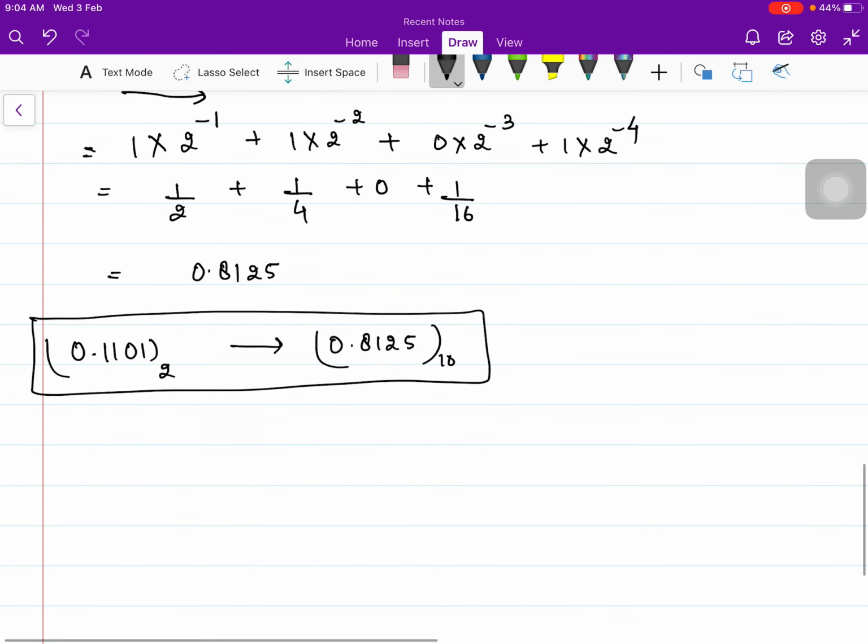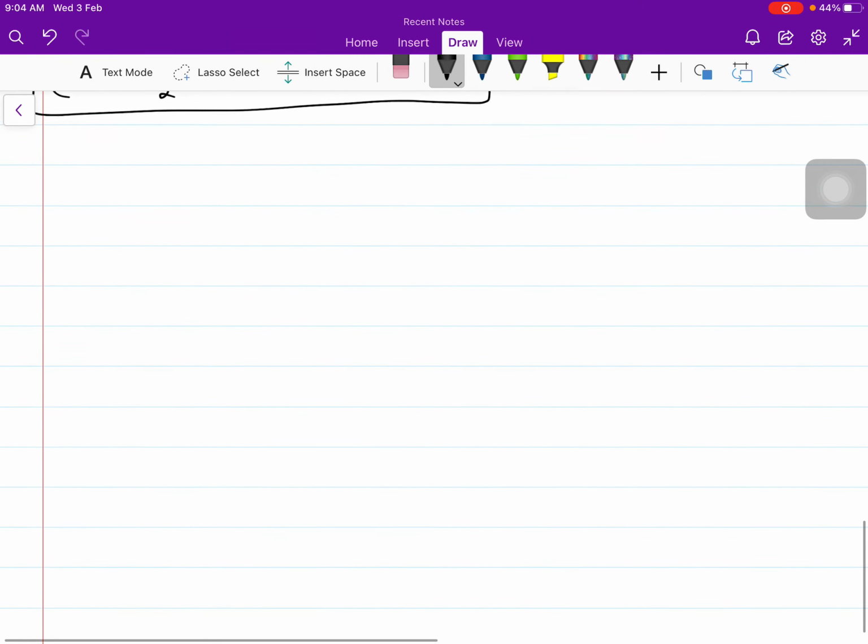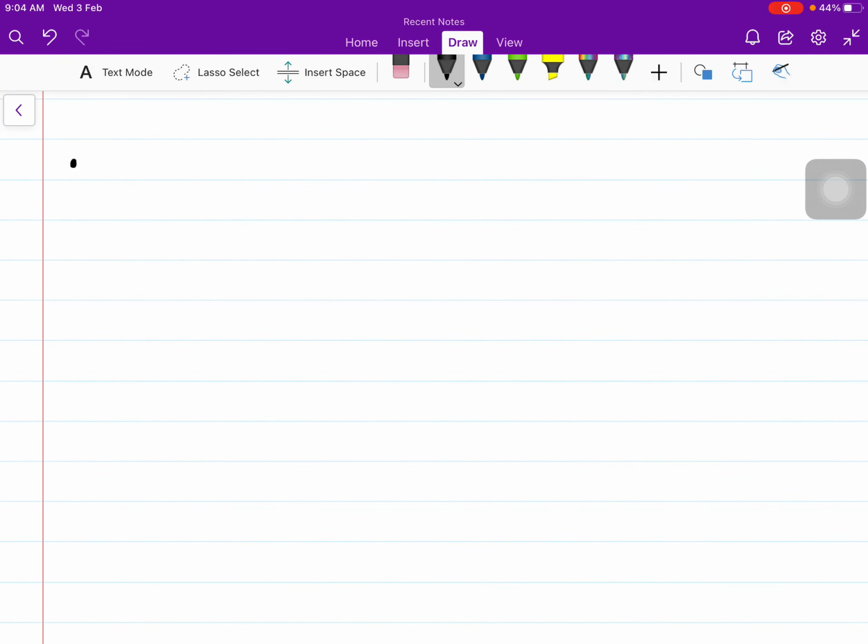Now let us move on to the next number system conversion, that is decimal to octal. Now, as I have told you just now, the two techniques that you have learnt just before this, that is the conversion of decimal to binary and binary to decimal, keep that in mind.